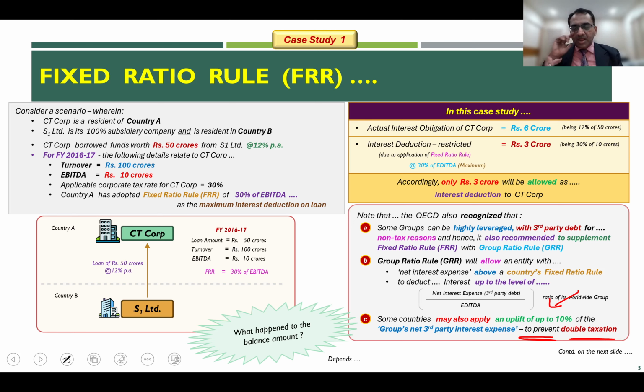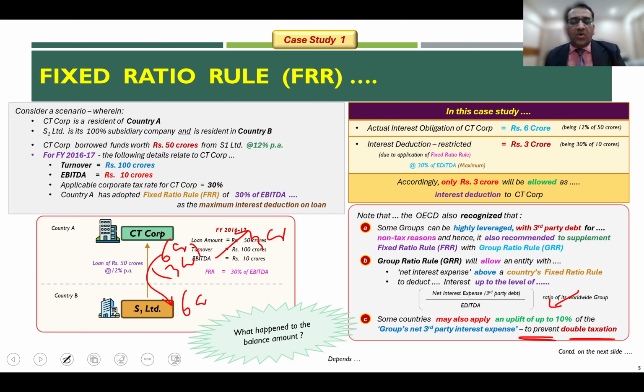If you look at this example, 6 crore is your interest expense, but what has been allowed is only 3 crores. Therefore, you are taxed on 3 crore rupees here.